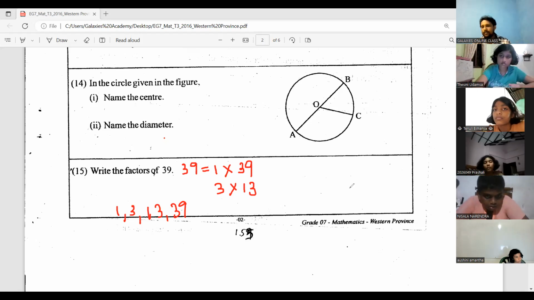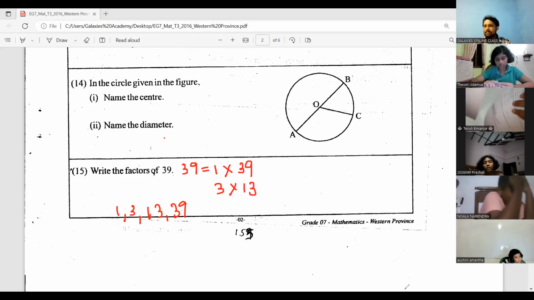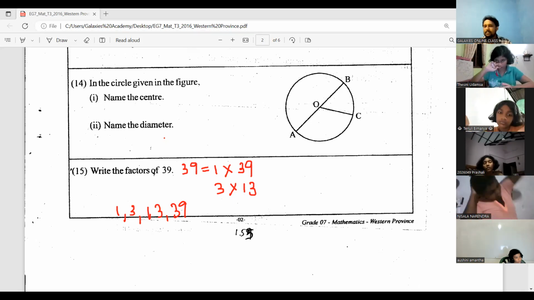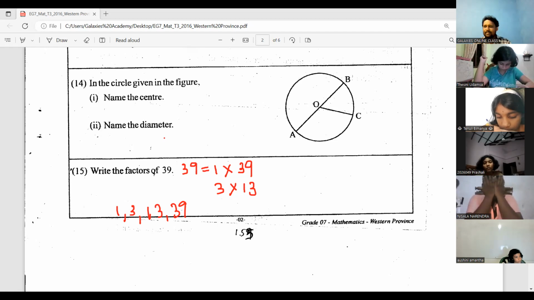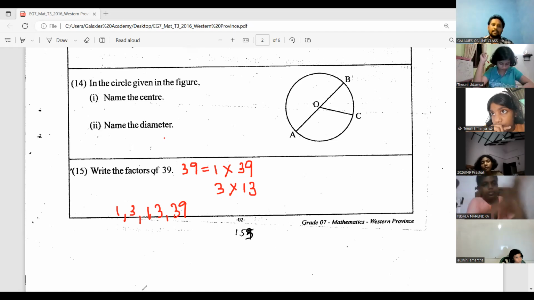If a number has only 2 factors, we call it a prime number. If a number has more than 2 factors, it is not a prime number. Prashadi, what is the name if a number has more than 2 factors? Composite number. Yes, composite numbers. Right. This is the answer for the 15th question.